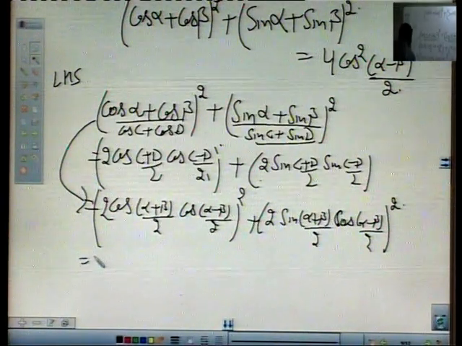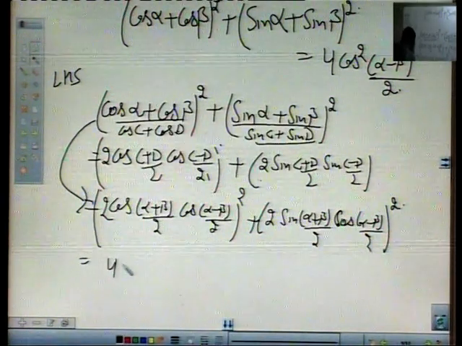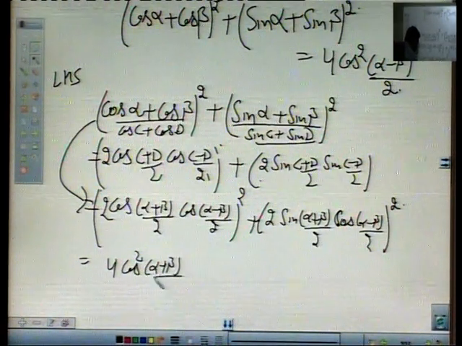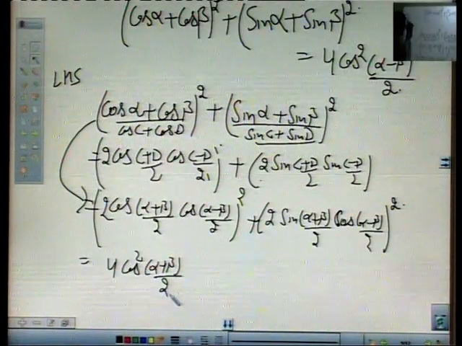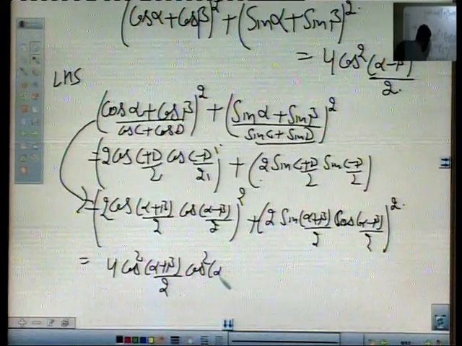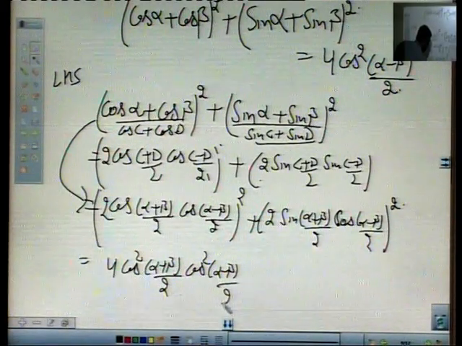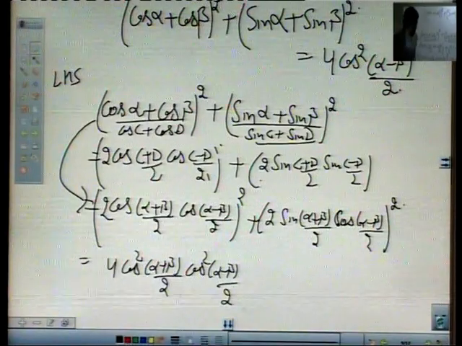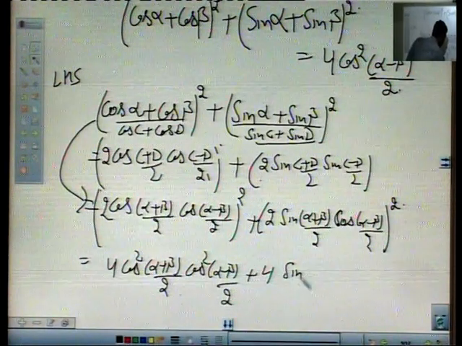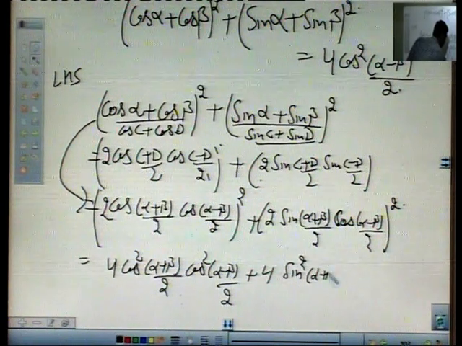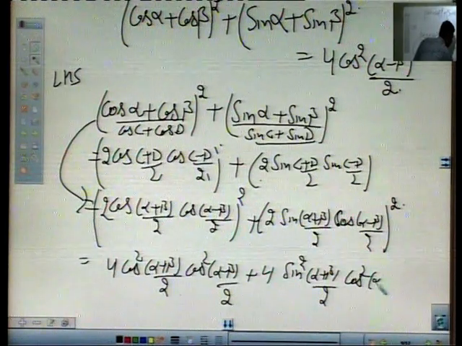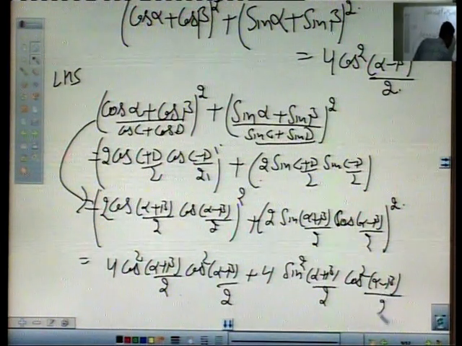So this is 4 times cos square alpha plus beta by 2 cos square alpha minus beta by 2 plus 4 sin square alpha plus beta by 2 cos square alpha minus beta by 2.